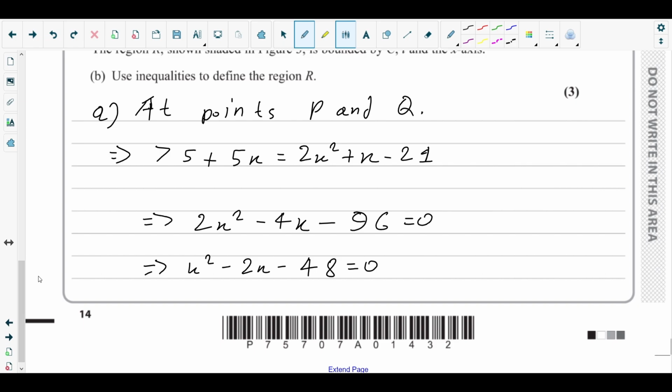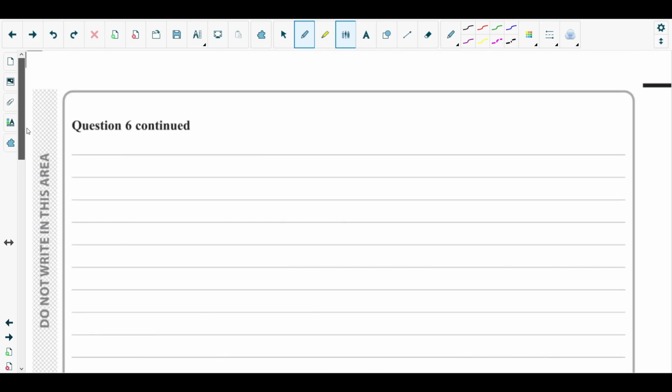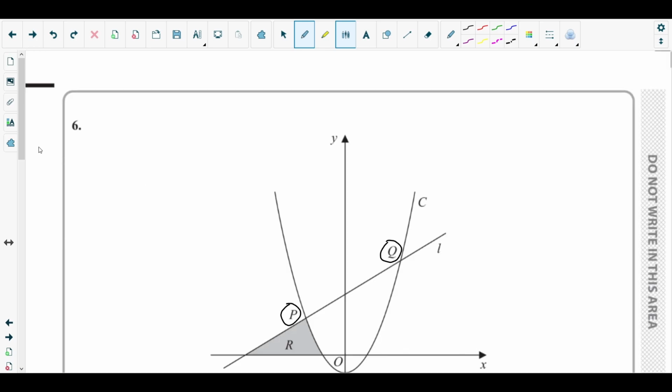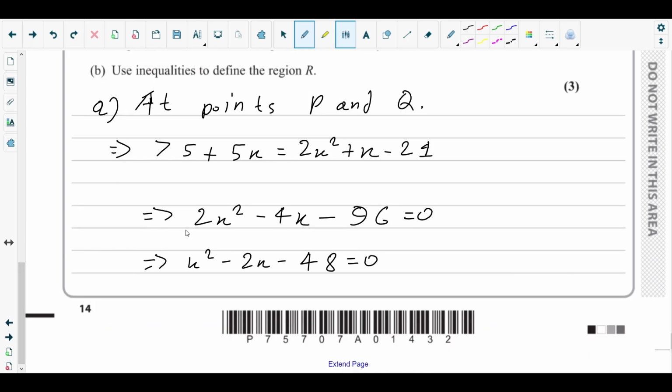You have to solve this quadratic equation. x squared minus 2x minus 48, that is 6 times 8, right? So we can write x plus 6 times x minus 8 equals 0. I just factorized the quadratic equation using middle term factorization.